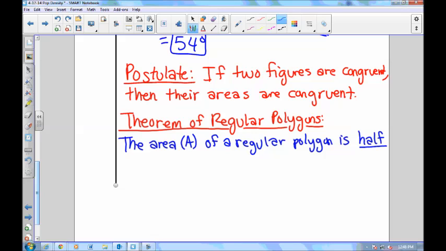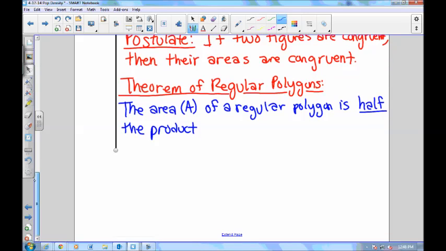The product. What does product mean? Does anyone know what product means? The answer to multiplication, yep. Half the product of the apothem, that will be little a, and the perimeter, little p.